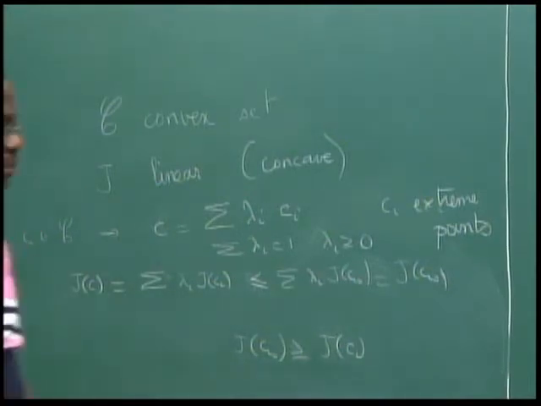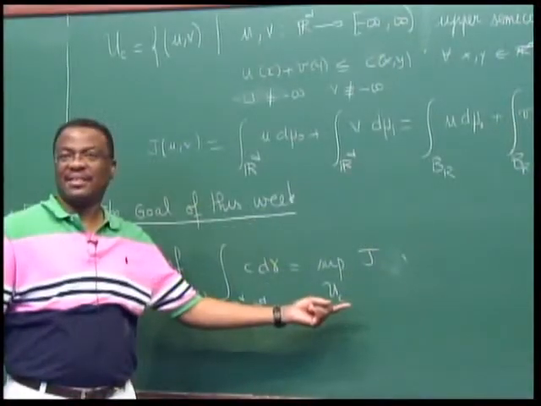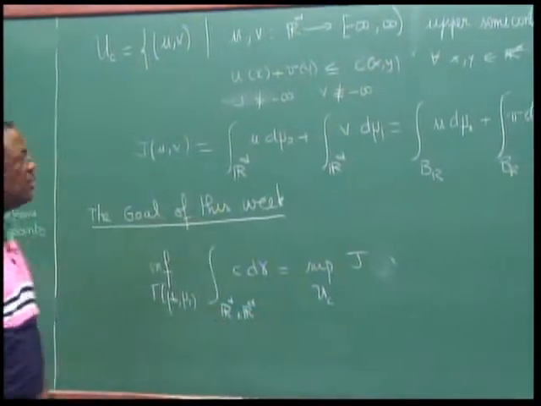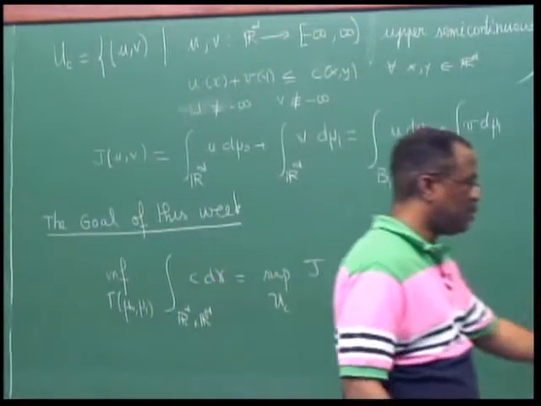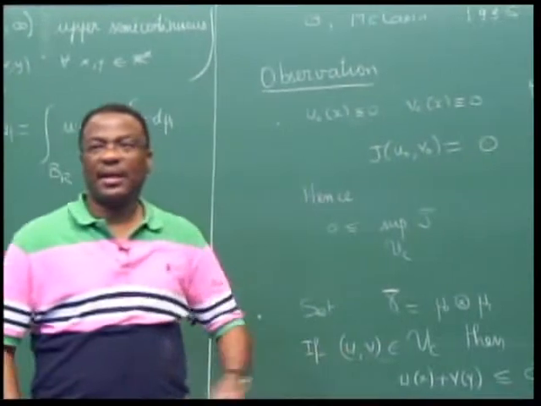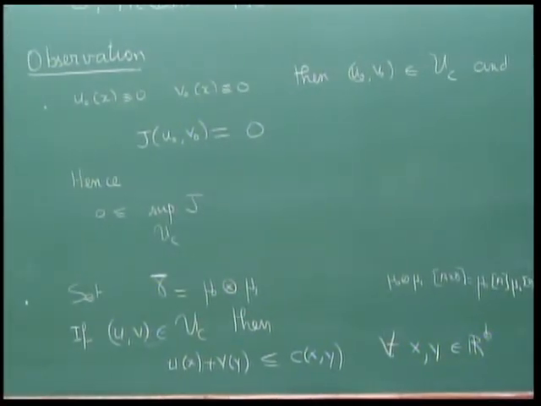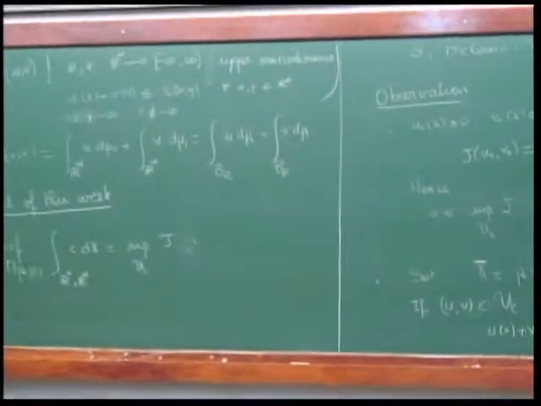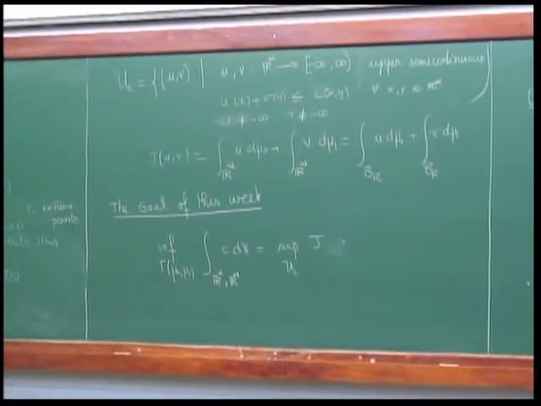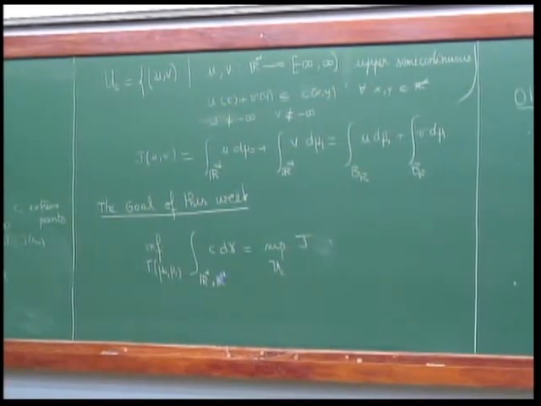In our problem, the set UC, you can check easily that it is a convex set. UC is given by this property, and so it is a convex set. The functional J is linear. And so what you hope is if there is a maximizer, it will be attained at an extreme point.